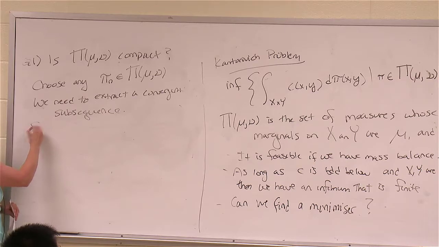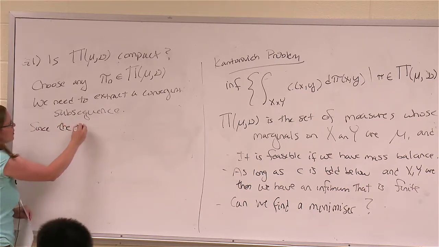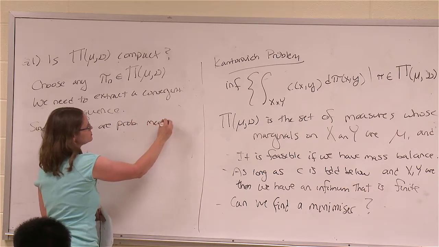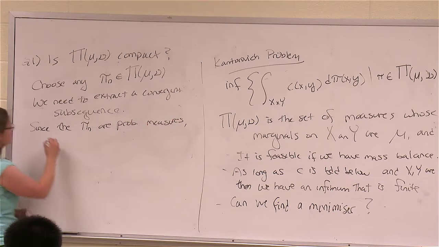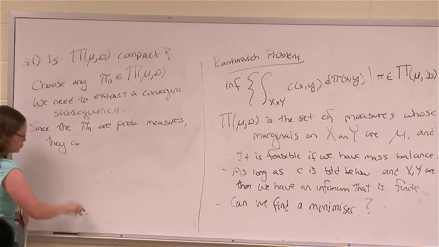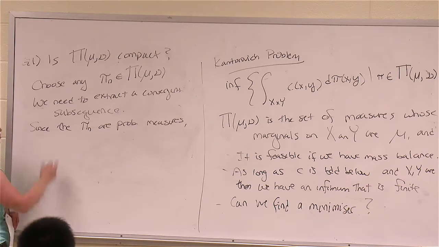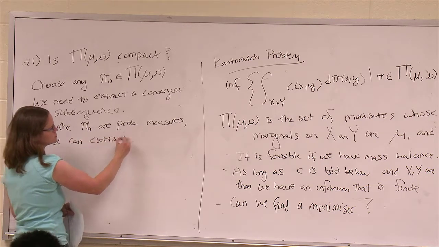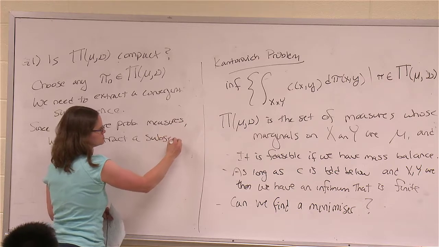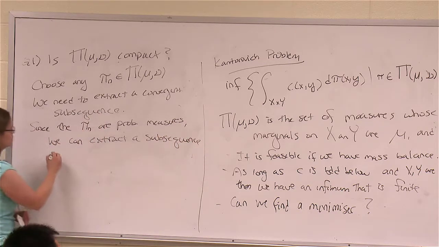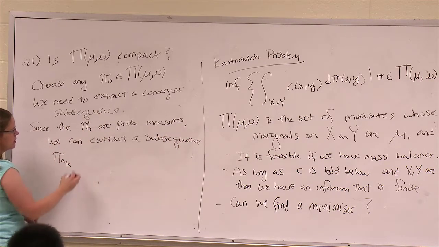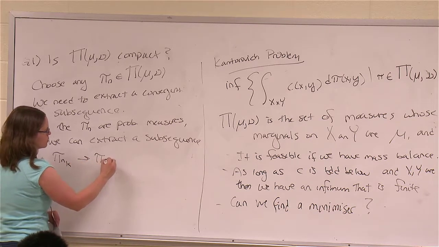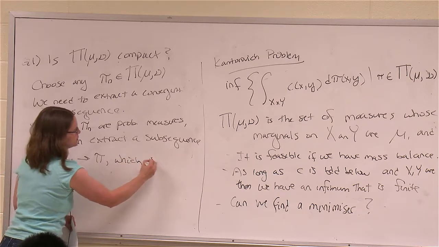Okay, so since the pi_n are probability measures, they converge, we can extract a convergent subsequence. So pi_{n_k} converges to pi, which is also a probability measure.